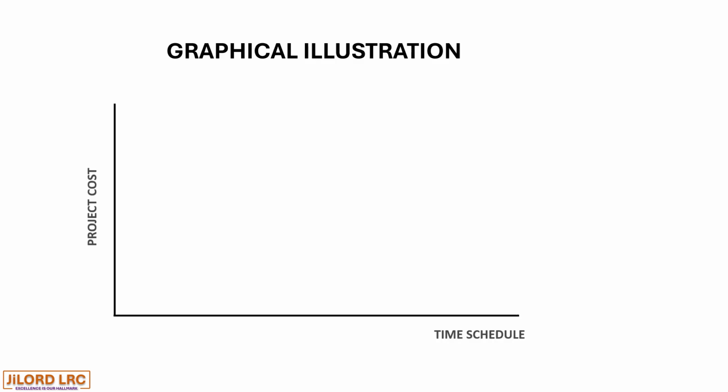Let's take a look at another form of the graph with our project costs on the vertical axis and our time schedule on the horizontal axis, and with a set date of the data. Let's look at our actual cost, our planned value, and our earned value at this date of data.